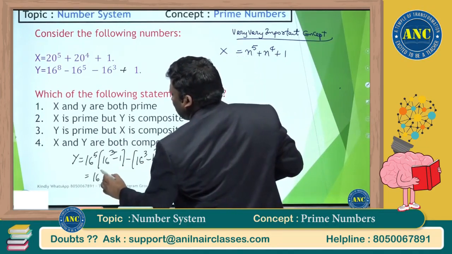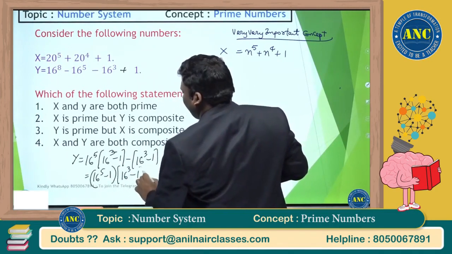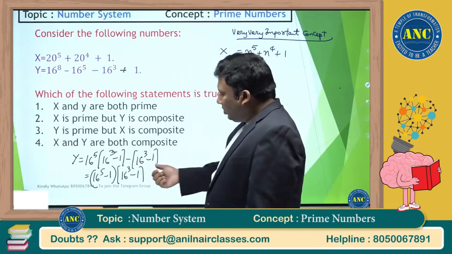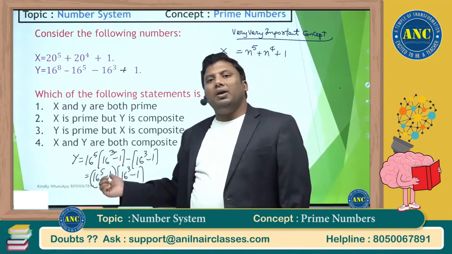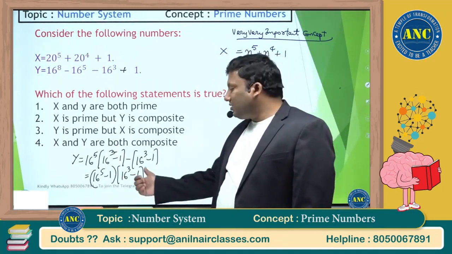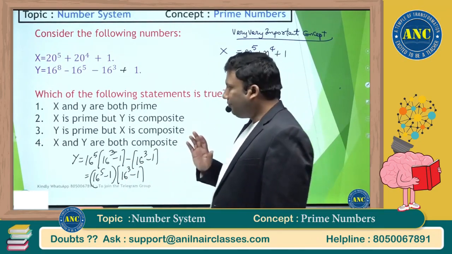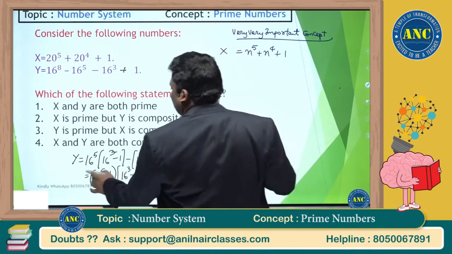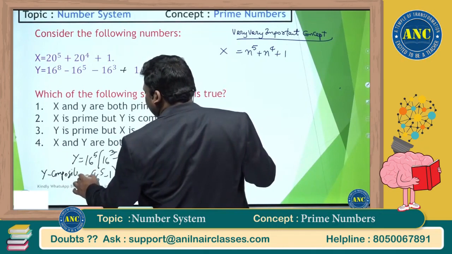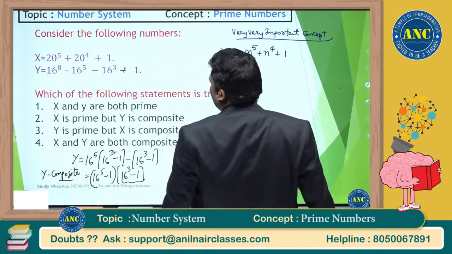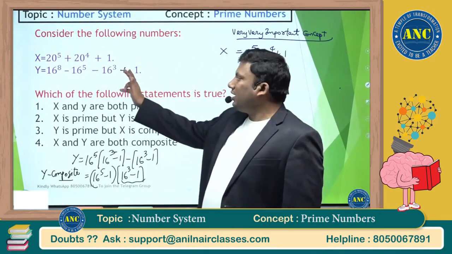It is 16 power 5 minus 1 into 16 cube minus 1. 1 can be written as 1 cube. A power n minus b power n is always divisible by a minus b. It is divisible by 16 minus 1, 15. Definitely y is a composite, because here you got 15. A prime number should have only factors 1 and itself. Y is a composite.